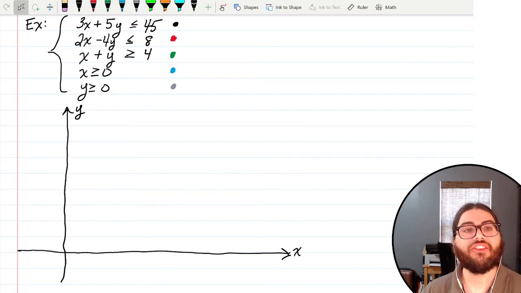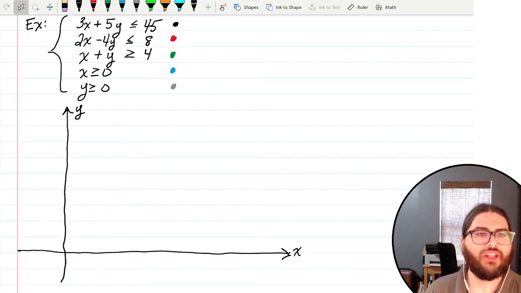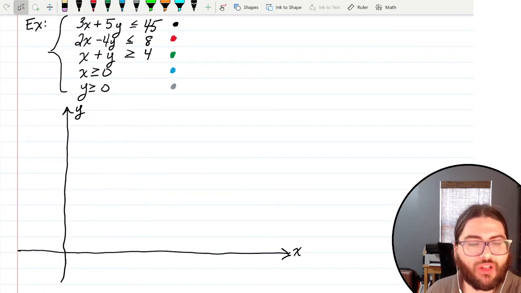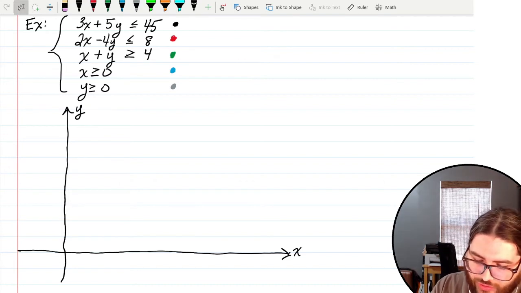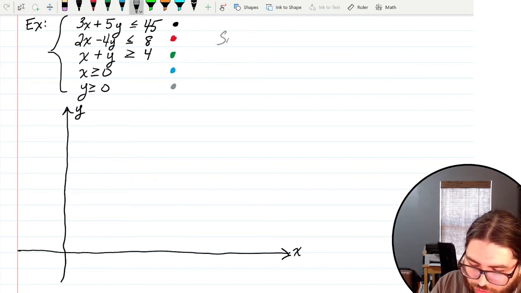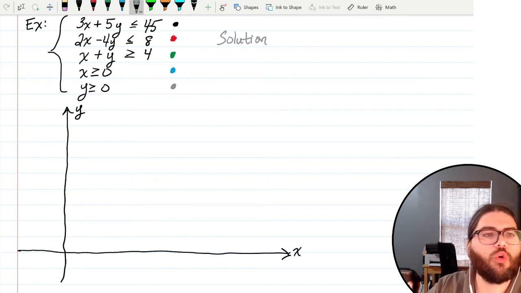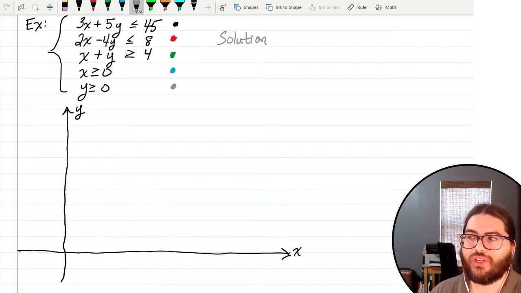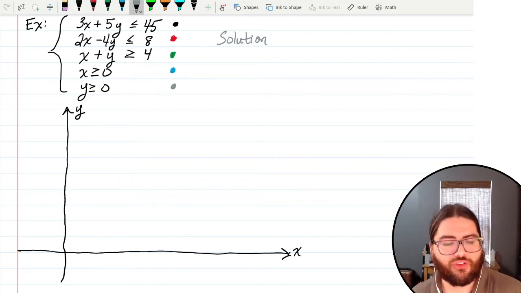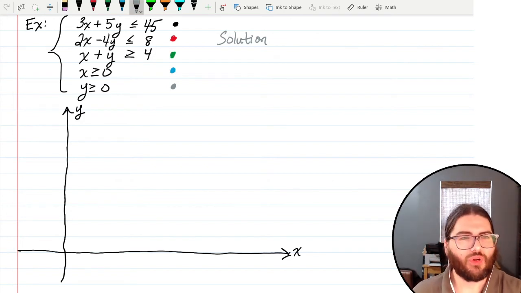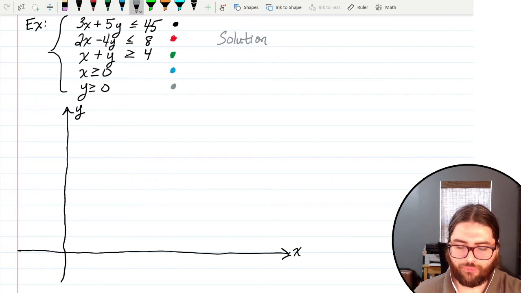Here, this system of inequalities has 5 inequalities in it. And the solution, remember when we did systems of equations, the solution worked for all of the lines in the system at the same time. We did 2, maybe 3 lines in our linear systems with Gauss-Jordan elimination. I think there were some problems with 3 on the homework.